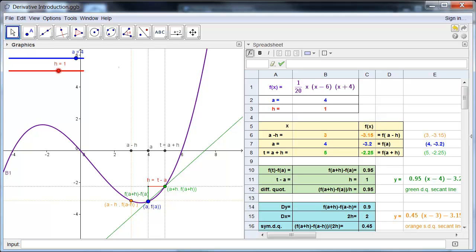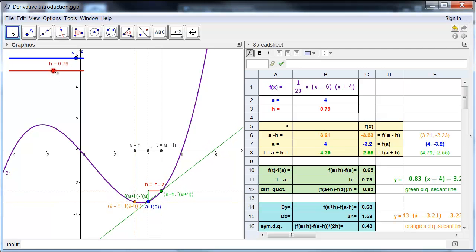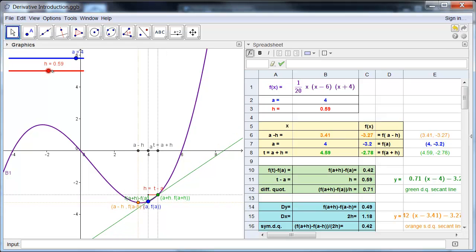So we're going to slide h a little closer to 0. Notice the numbers changed a little bit here because this secant line moved. In this case, the slope's a little smaller. And that should give us a better estimate of the actual instantaneous rate of change.